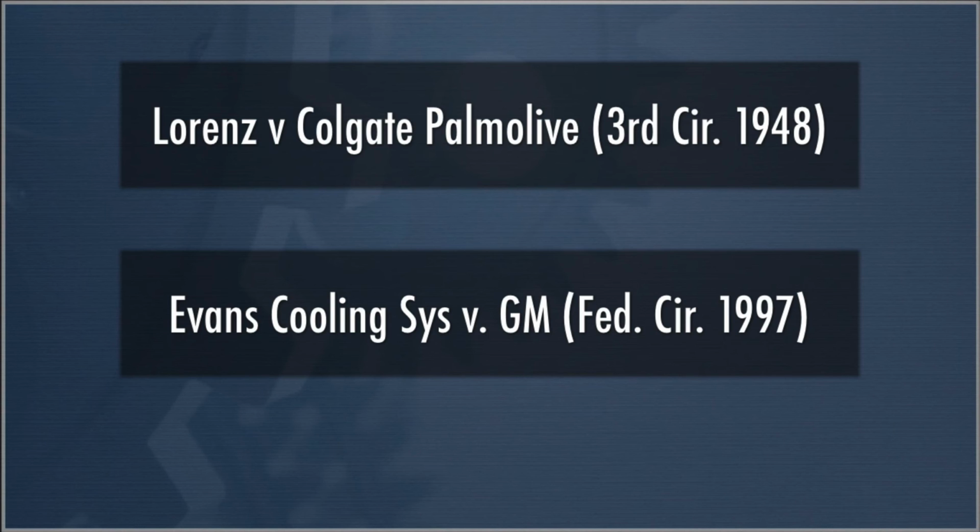So Lorenz goes to the patent office, files a new patent application, says, I should have priority over Colgate because I'm the true first inventor, and is actually able to win that interference contest, right? So now Lorenz has a patent on this process, and Lorenz sues Colgate, right?